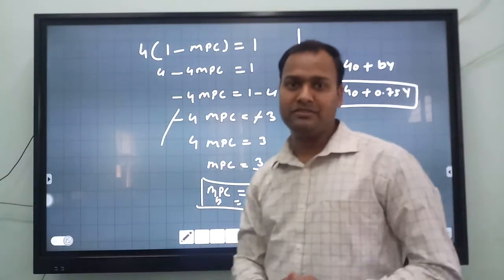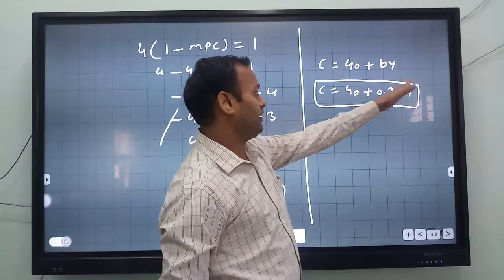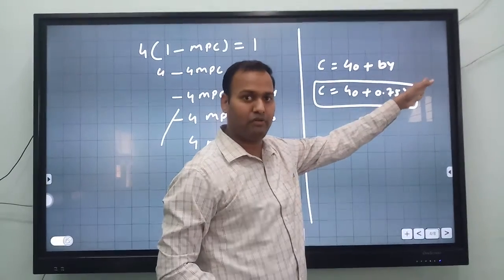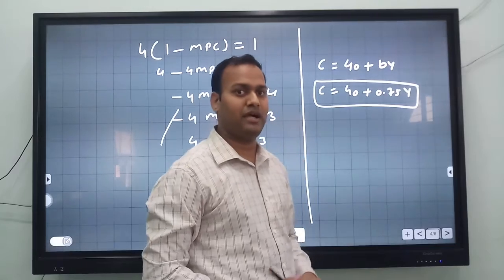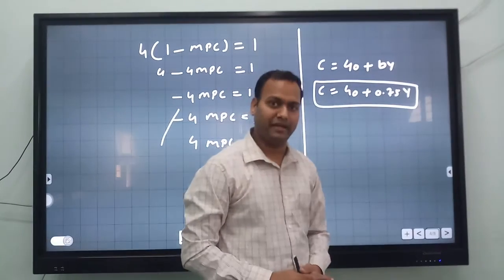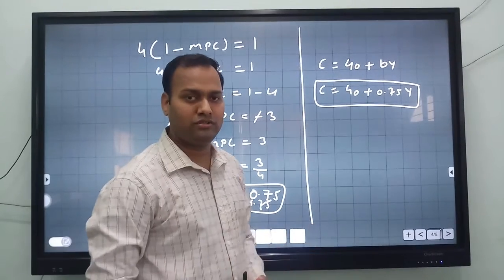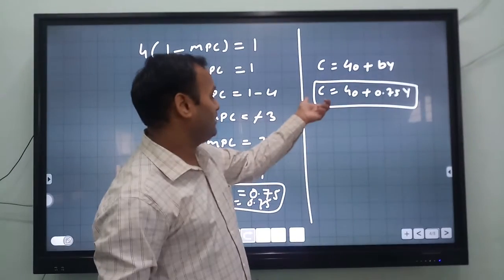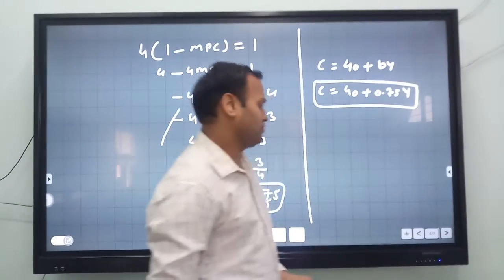This is the consumption function. Now, in questions, if the income is given, then we put the value of income, multiply it with this, and get the complete consumption at that particular level of income. Okay. So in this question, we just derive the consumption function. So this is the consumption function of this particular question.